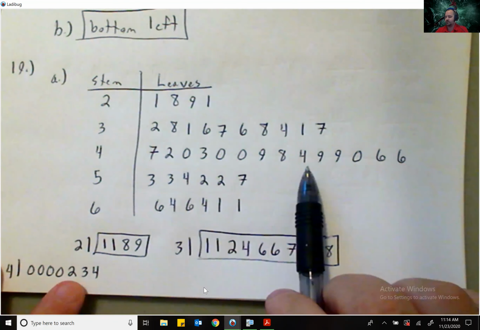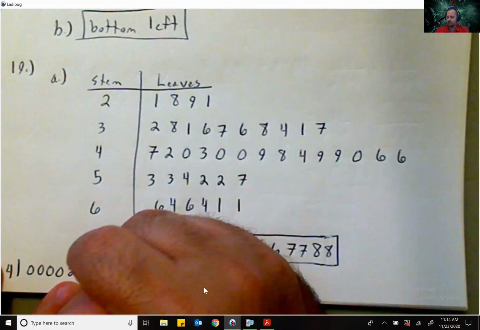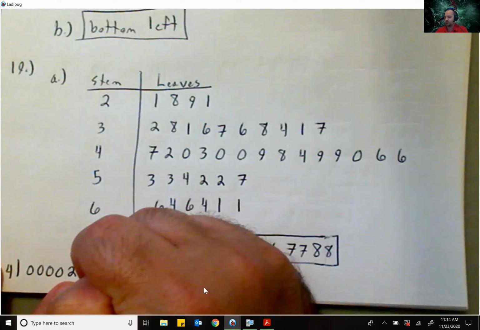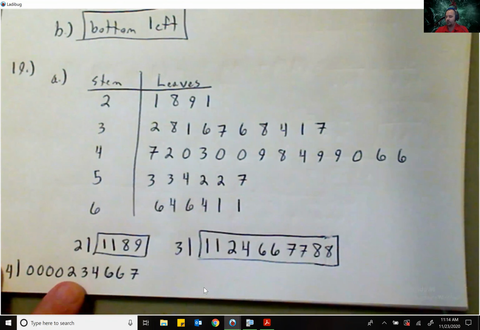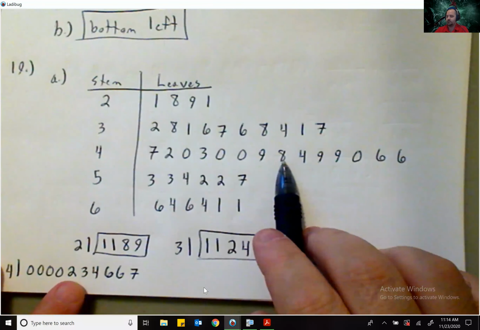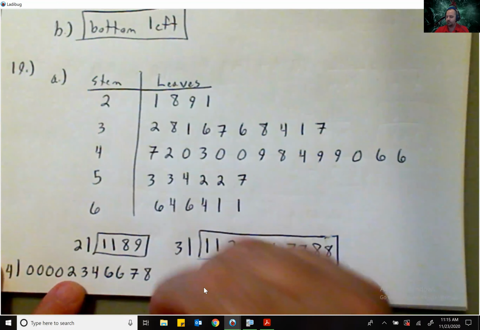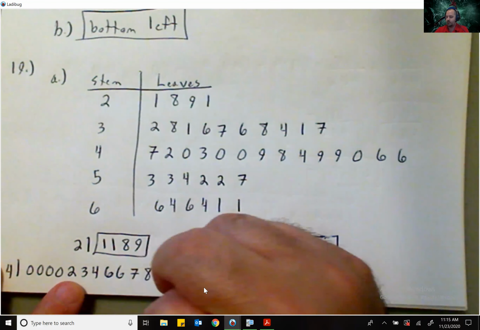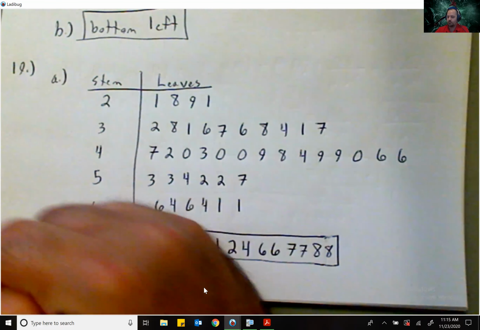No 5s. 2 6s. 6, 6, 1 7, 1 8, 1 2 3 9s. So there are the 4s in order.